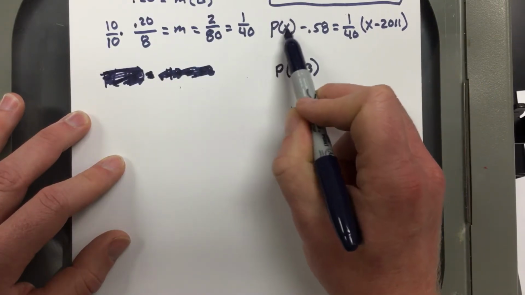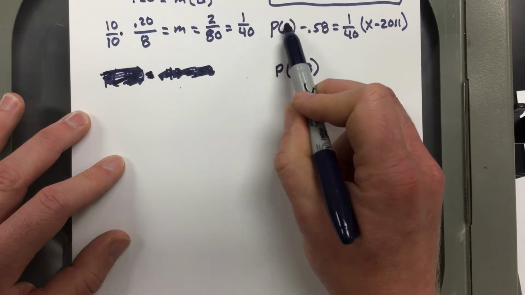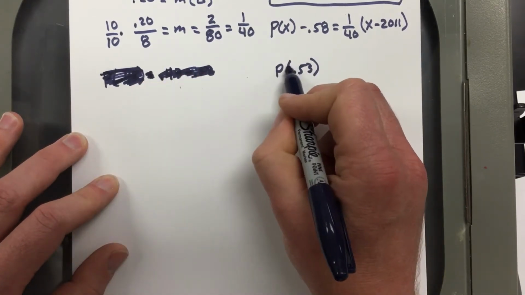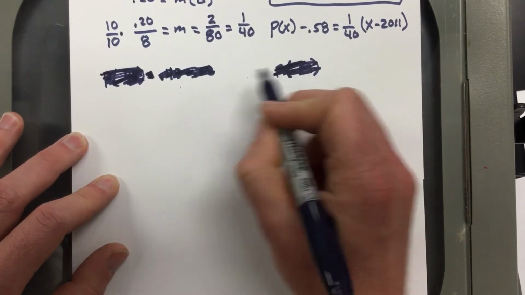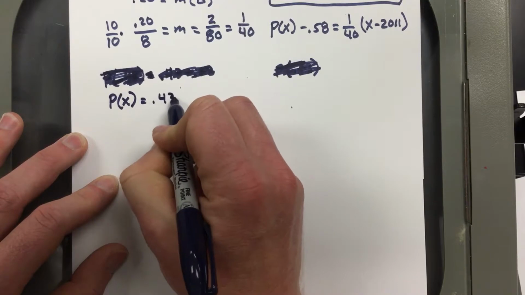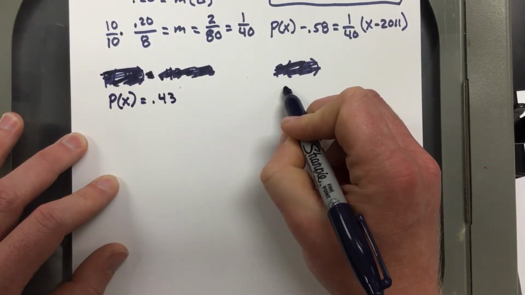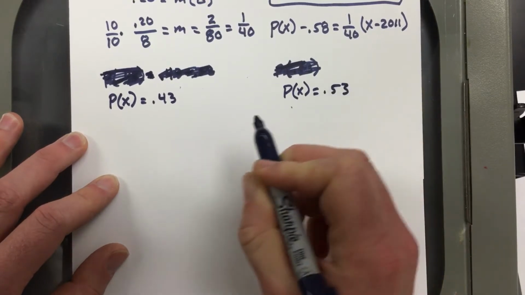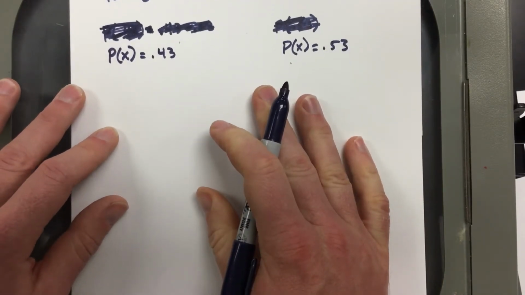So instead of these two things I just wrote, I'm going to cross these out, and I'm going to say, all right, P of x equals 0.43, and P of x equals 0.53. And I want to check those. Sorry for that little mistake.